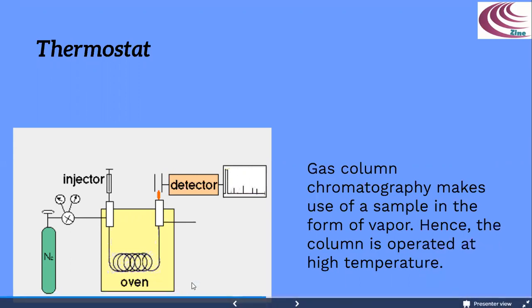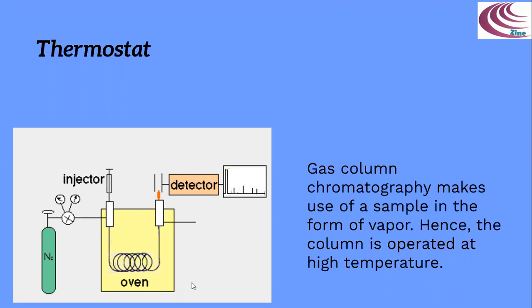The optimum column temperature depends upon the boiling point of the sample to be analyzed and also on the degree of separation required. Usually a temperature higher than the average boiling point of a sample is employed for the separation.